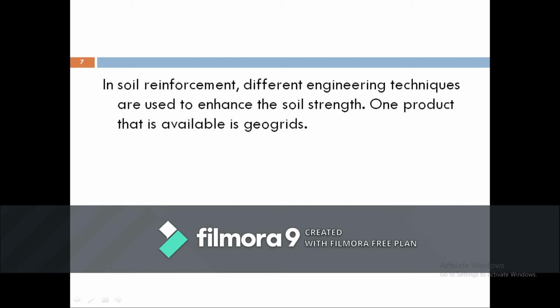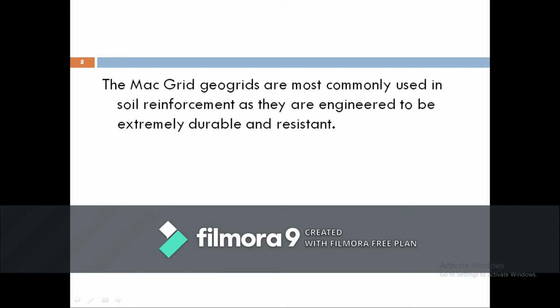So let us see what a geogrid is. The element we use is geogrid. The Magrid geogrids are most commonly used in soil reinforcement as they are engineered to be extremely durable and resistant.